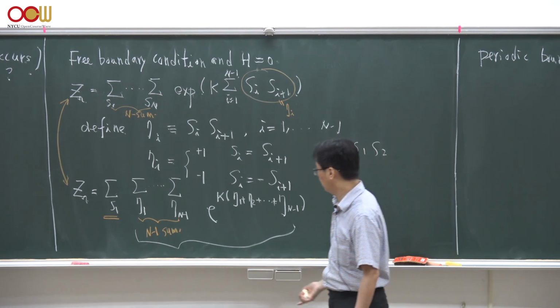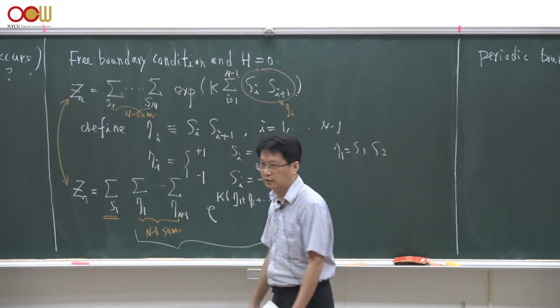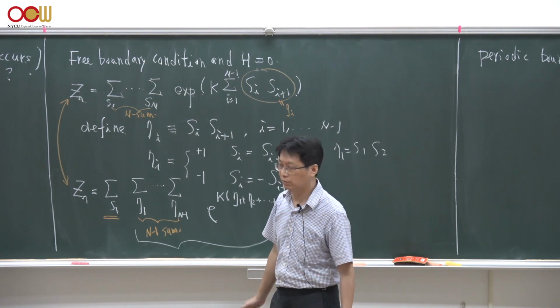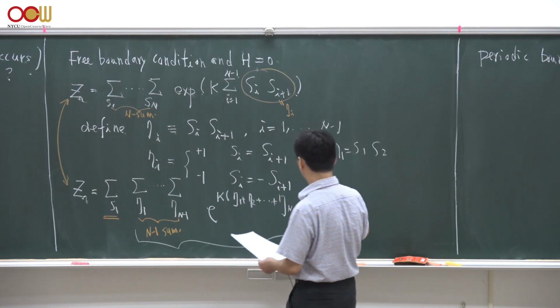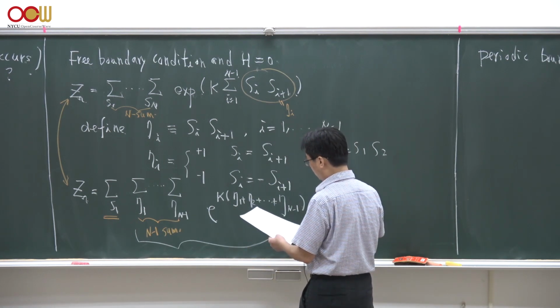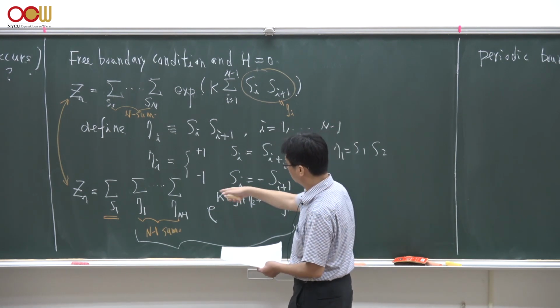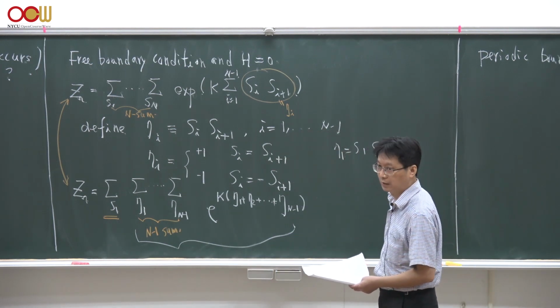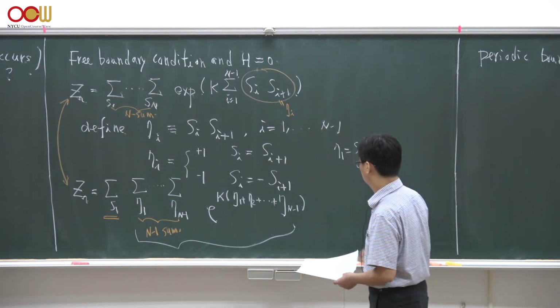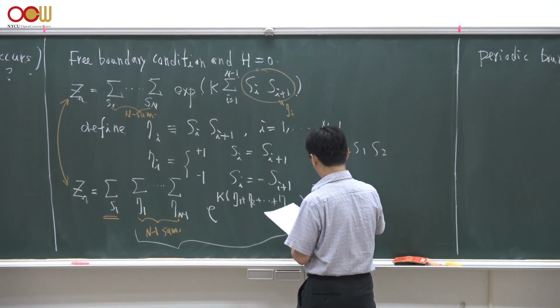But now we consider these eta i as independent variables to be summed over. Remember that. So this summation is simply n minus 1 independent summations, and we simply multiply these independent n minus 1 summations, and later we sum over S1.